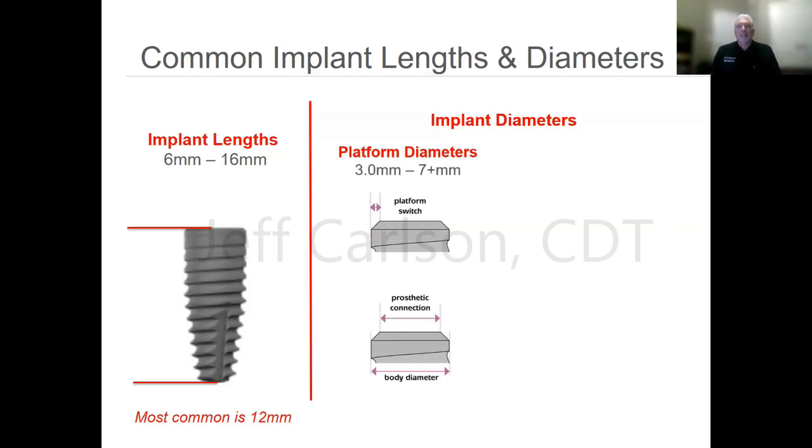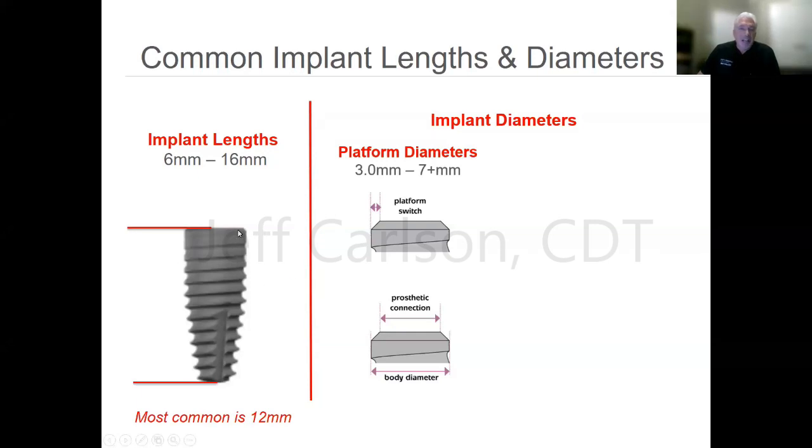When it comes to talking about diameters of implants, this can sometimes be a little more confusing. Because you have the diameter of the implant, the body of the implant. You also have the diameter of the platform of the implant, or the top of the implant, or the restorative or prosthetic connection of the implant. Some of you have heard of platform switching.